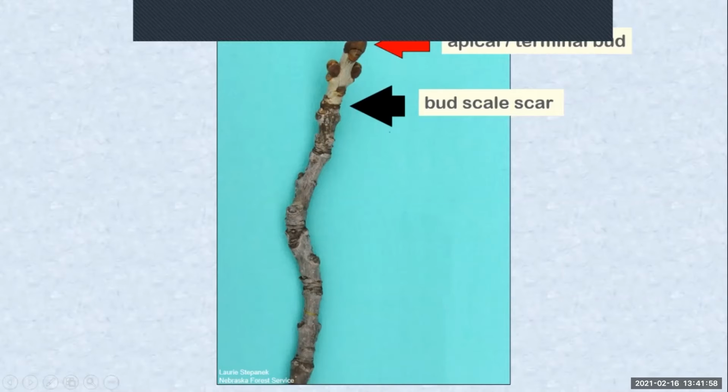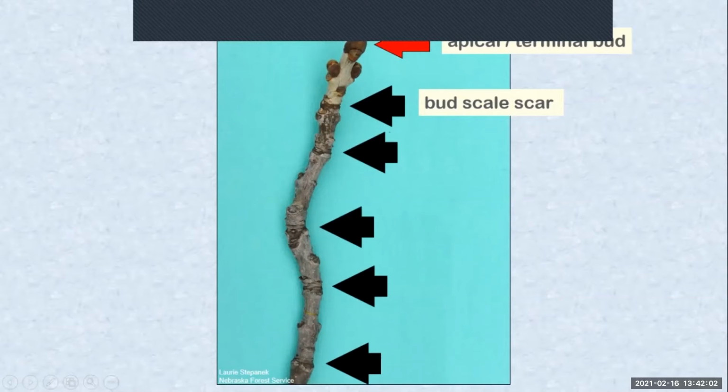If you take a look carefully for the bud scale scars, it's these horizontal lines that would encircle the twig. You can see that this twig has 1 year of growth, 2 year, 3 year, 4 year, 5 years. This twig is 5 years old.